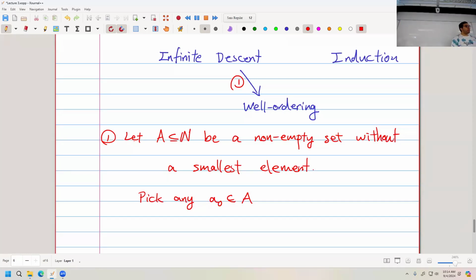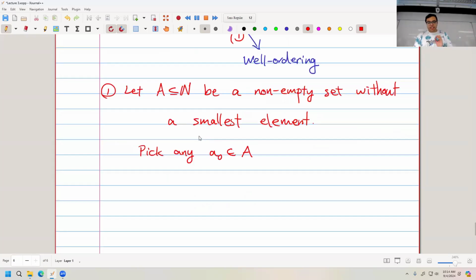So there is something in A that is smaller than A0. Let's look at the set of all the numbers in A that are smaller than A0. So let's define something like this. Let's say big A0 is the set of all the numbers A prime in A such that A prime is less than A0.